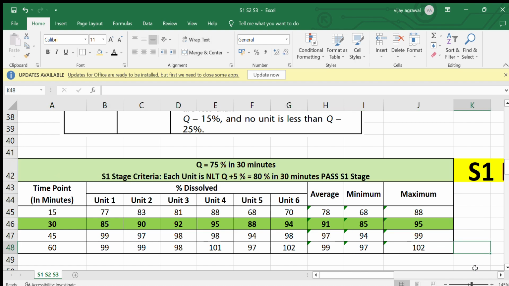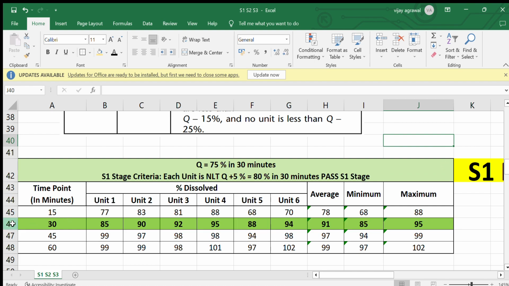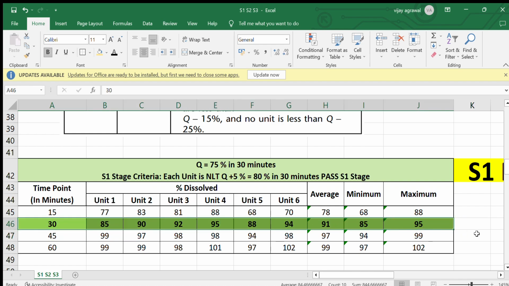Now you will say that this is the profile data, and in QC testing only the Q point is tested. So I have just taken this example for your easy understanding, but you consider the time of 30 minutes only this time. So what is the S1 criteria?